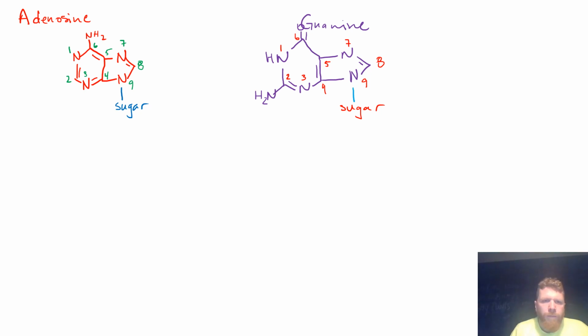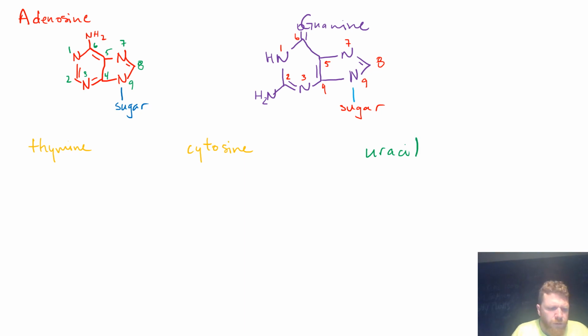Okay, next up are our pyrimidines, which are thymine and cytosine. And I'm going to switch to a different color just so you know that this molecule is a little bit of an outlier in that it is affiliated with RNA, and that is uracil.